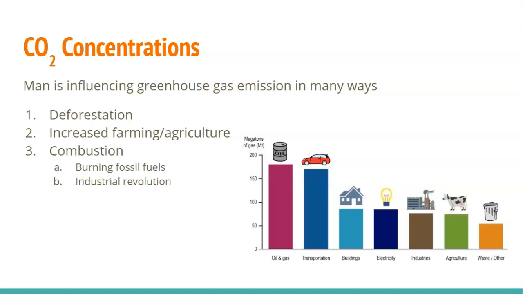So deforestation, removing the ability to take CO2 out of the air by removing plants; increased farming, which pushes methane back into the atmosphere at alarming rates; and then combustion, burning of fossil fuels. We've talked about this before, but these are still a good thing to write down, especially as a review, to make sure that you're getting the main pieces of this.